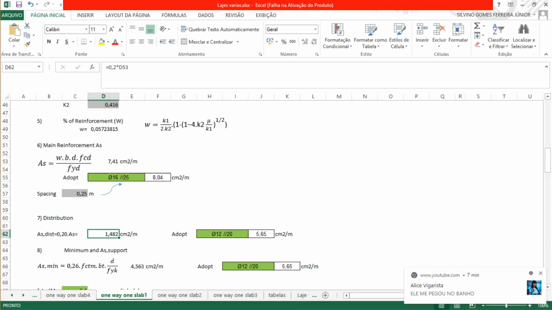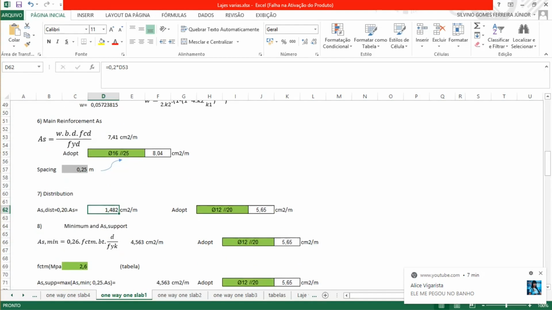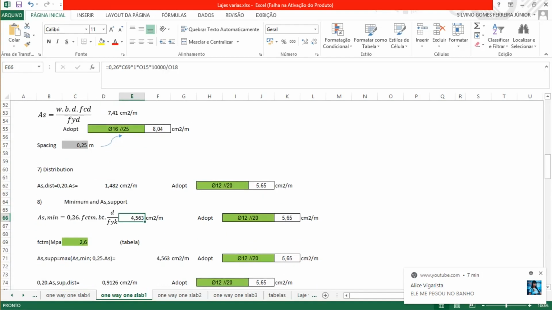And this is very small quantity. I like to use always the minimum reinforcement. I like to adopt, but we didn't need it. We are only obligated to calculate the main reinforcement on one-way slab, simply reinforced. But I like to put always the minimum, and the minimum here is 4.56.